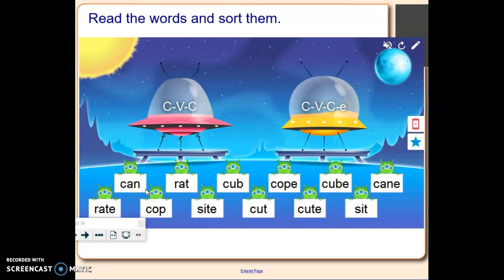Does that have a magic E? No. So it's going to go to the one that says no magic E. Nice job. Now we have rat. Does that have a magic E at the end? No.